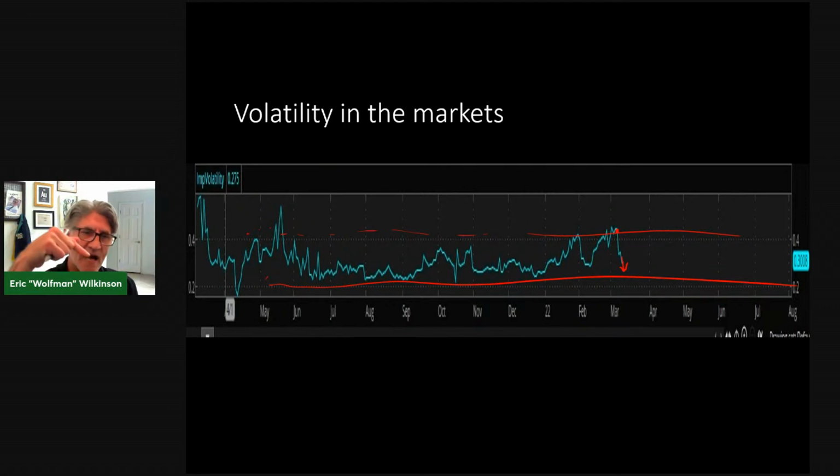As this starts down ticking, all of the options are getting cheaper, even if the underlying doesn't move up or down one penny, okay? If it just held right there between a penny or two ticks, we could see volatility coming out, and then those prices would be shrinking, okay?